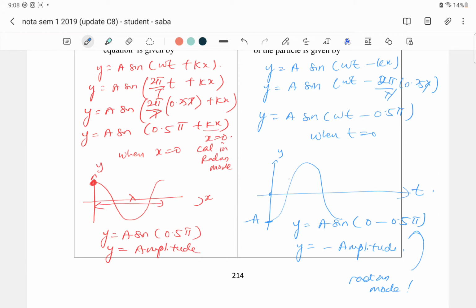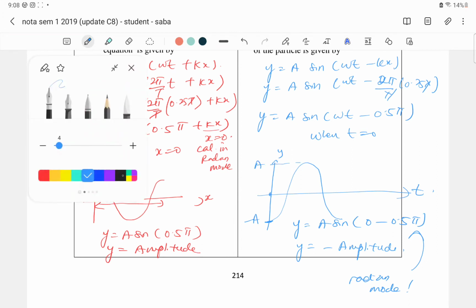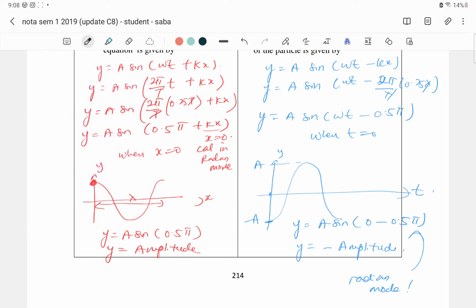So this is our graph, this is amplitude. So kat sini kita panggilkan dia period. Kalau against t, kita ada period. Kalau against x, kita ada lambda.